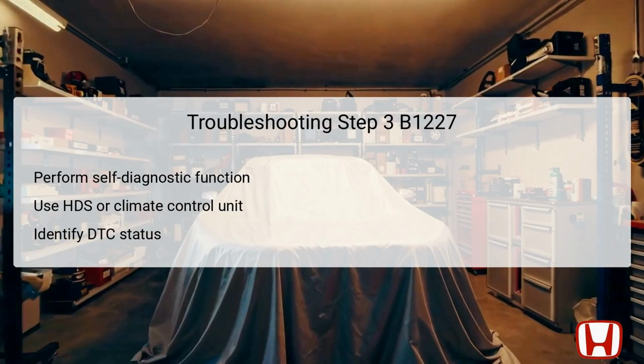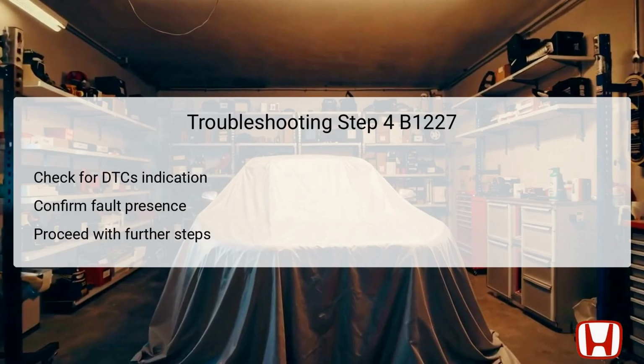If DTC B1227 indicates again, this suggests that the issue is persistent and needs further investigation. In cases where no DTCs are detected, it could signify an intermittent failure, necessitating a thorough inspection of the wiring and connections associated with the outside air temperature sensor circuit.